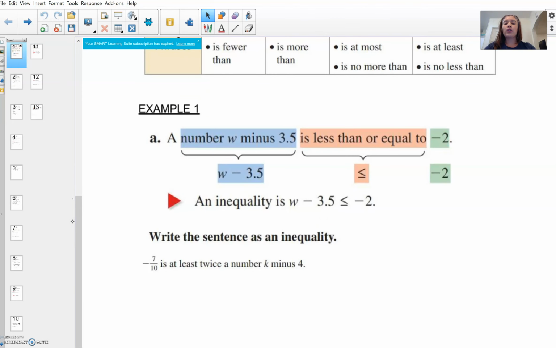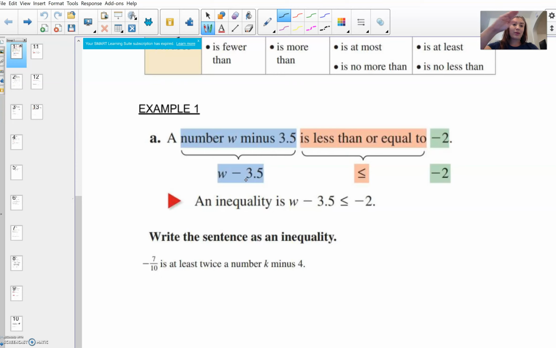Okay. So for example 1, we have a great example here already. A number w minus 3.5 is less than or equal to -2. So we broke that down into 3 different pieces. A number w minus 3.5. So we wrote down w minus 3.5. That's our first part. Then there's our phrase that you can see in our chart, less than or equal to.